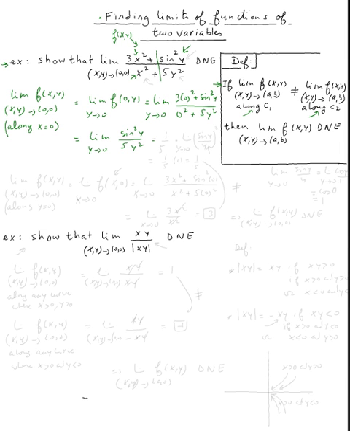Now this is very easy. I can take 1 over 5 outside, and this will be the limit of sine squared of y over y squared, which is the same thing as the limit of (sine of y over y) squared as y approaches 0. Sine times sine is sine squared, y times y is y squared.